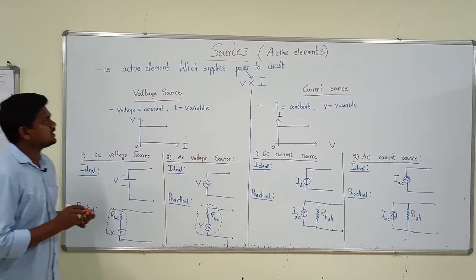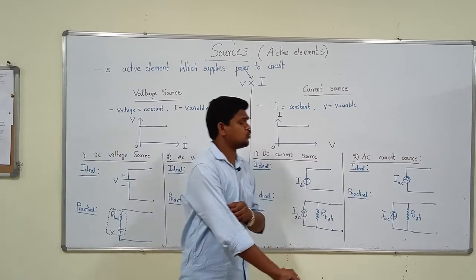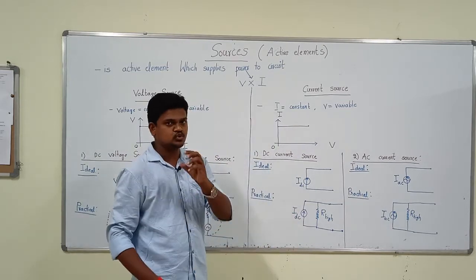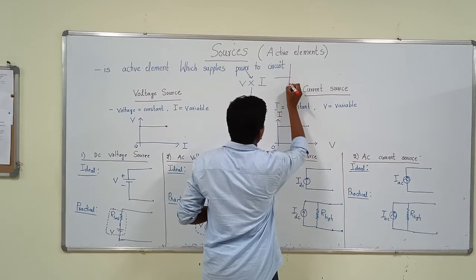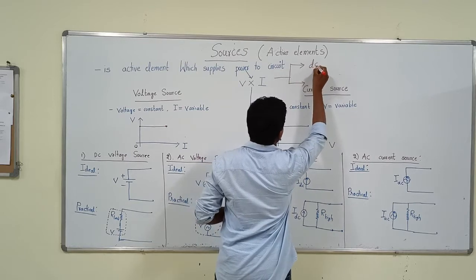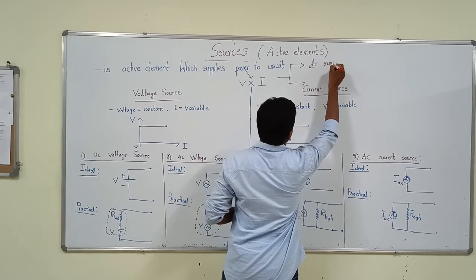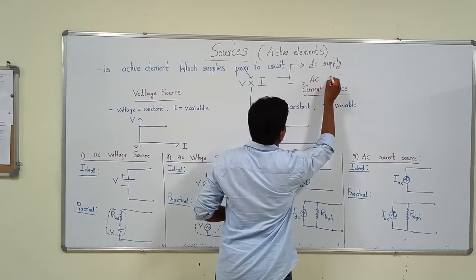Up to now we did not discuss this: electrical power can be supplied in two categories. The first category is DC supply, and the second category is AC supply.